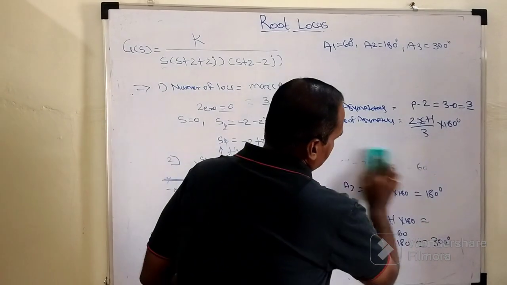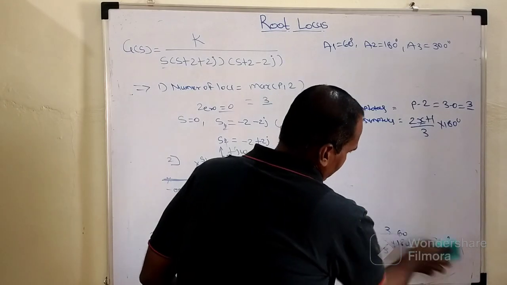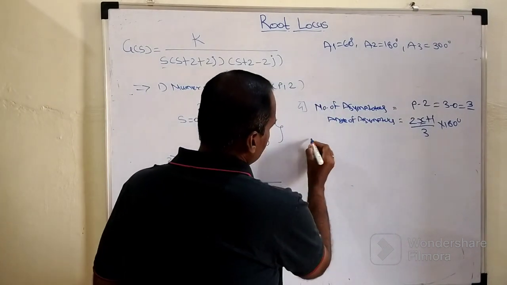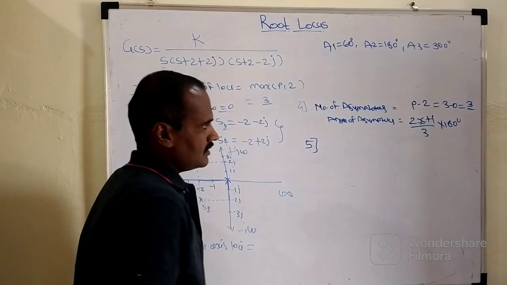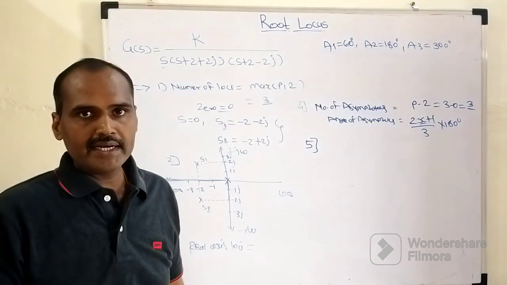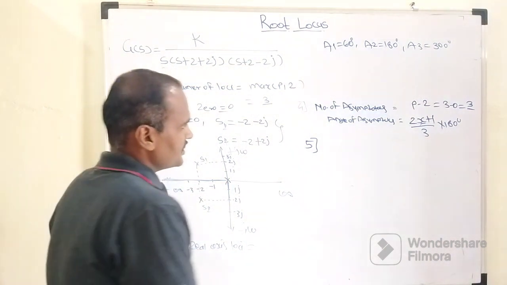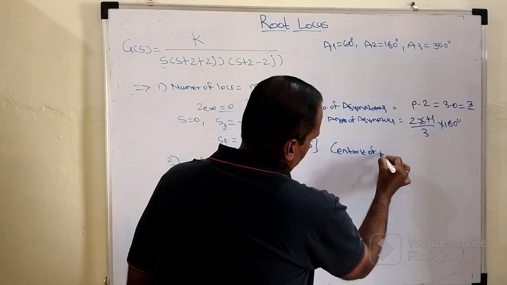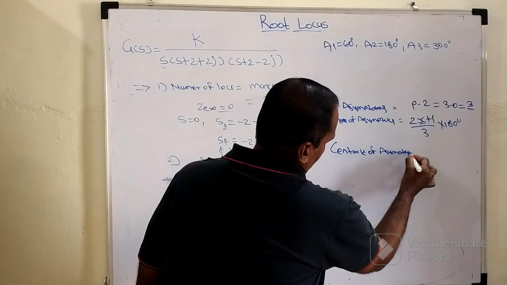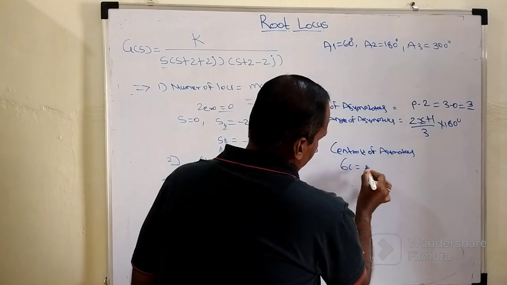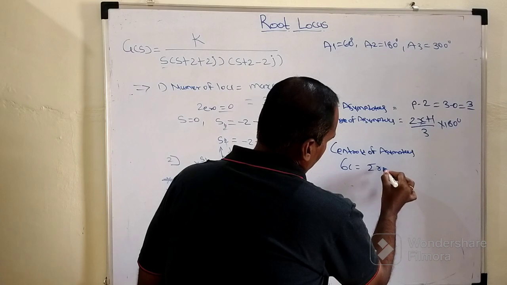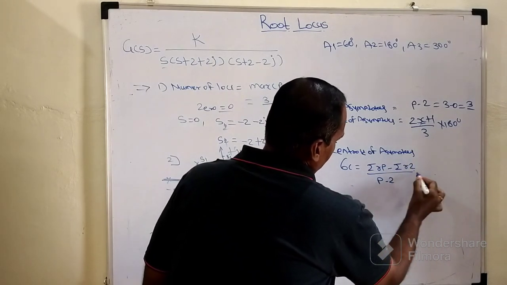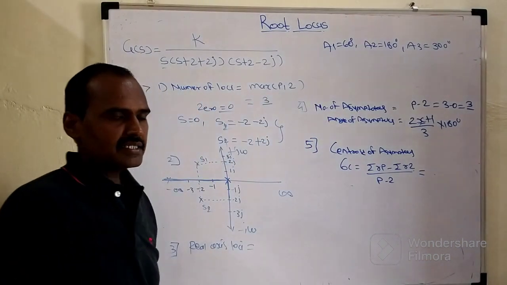Then after that, design step number 5 we need to understand, right? So step by step we will try to learn. Within this step number 5, we need to determine the centroid of asymptotes, denoted by sigma c, which exactly equals the summation of the real parts of the poles minus the summation of the real parts of the zeros, divided by P minus Z, meaning the number of poles minus the number of zeros.